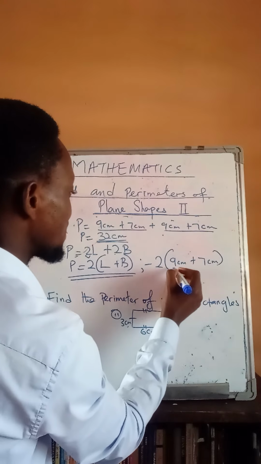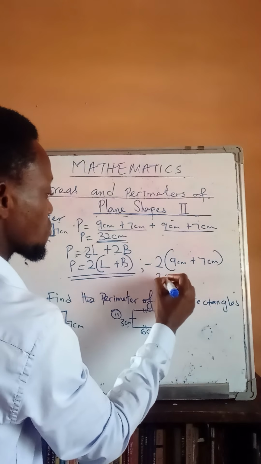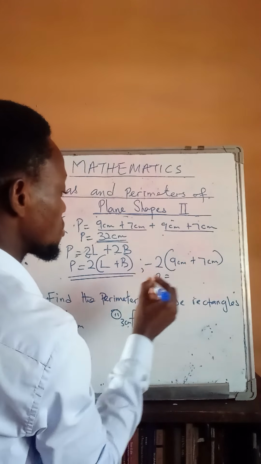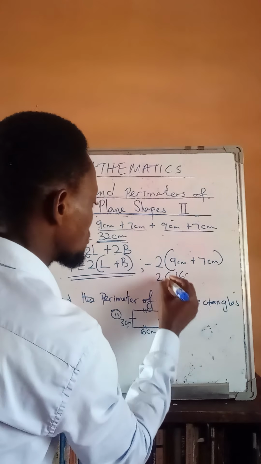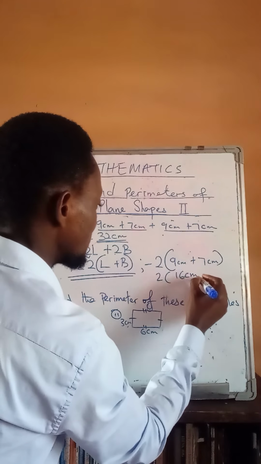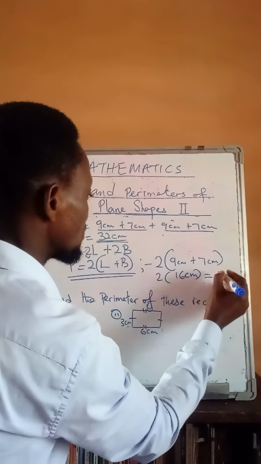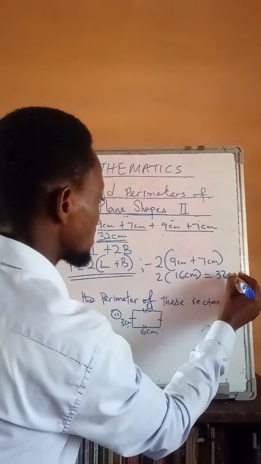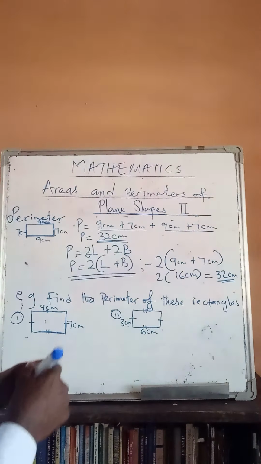This 2 is multiplying the addition of these two numbers. So 9 plus 7 will give us 16, so 2 into bracket 16 centimeters, and 2 times 16 will give us 32 centimeters, which is the same thing as what we got here. That's the perimeter for this.